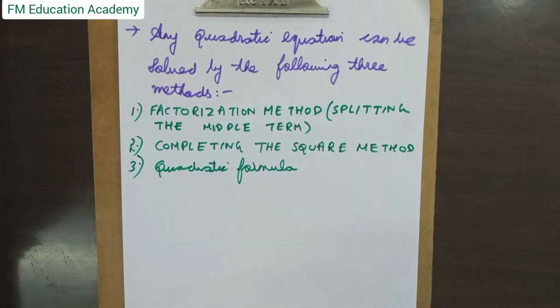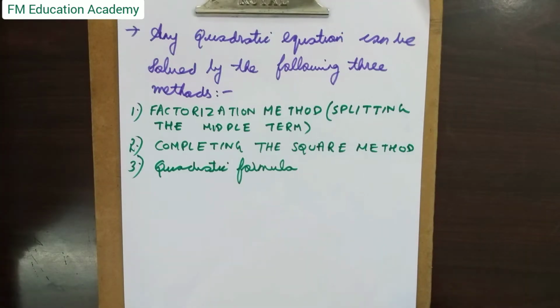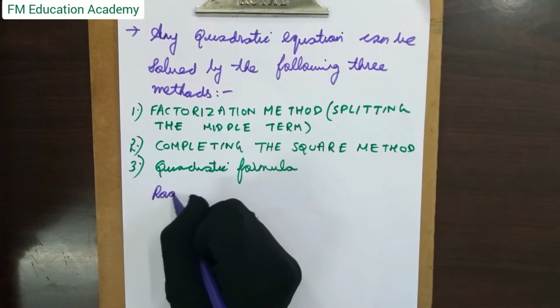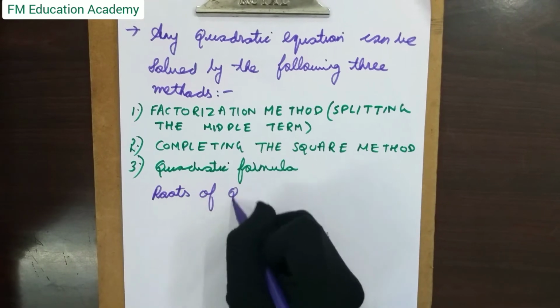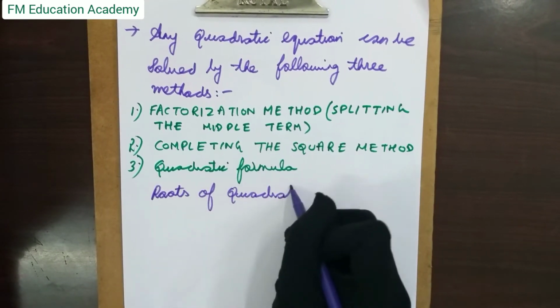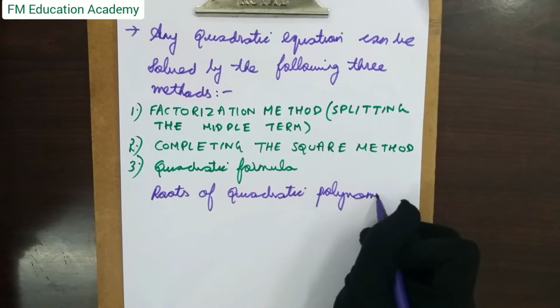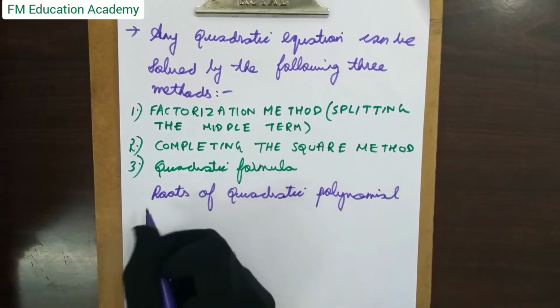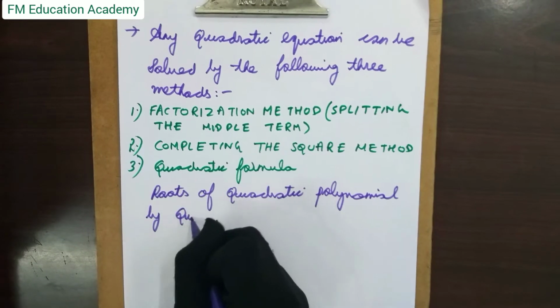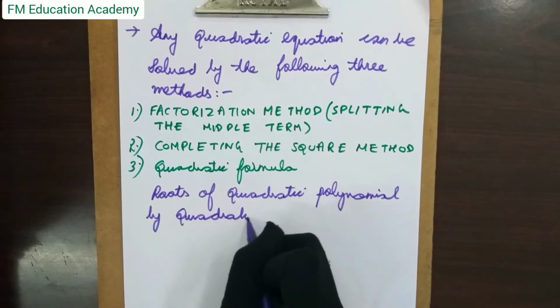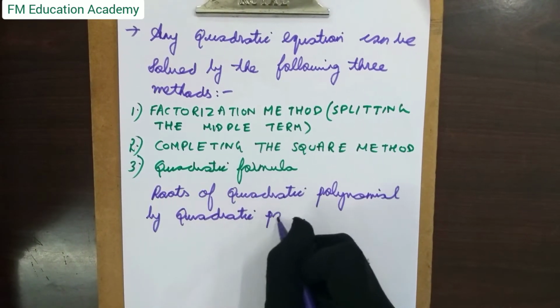We know the standard form of quadratic polynomial, ax squared plus bx plus c. How to find the roots by quadratic formula? I'm explaining this method in detail now.